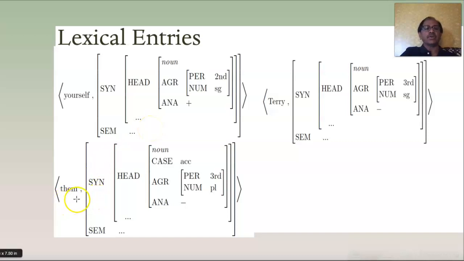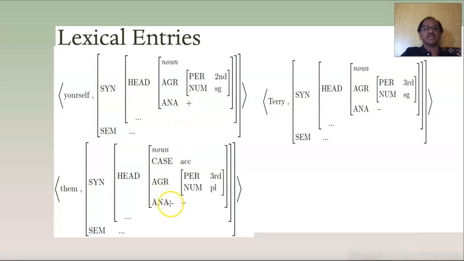Now when you look at a pronoun which is not reflexive, it has syntax head value noun and case accusative. Agreement: person and number, third and plural. Along with this, the anaphoric feature is minus, in contrast with the reflexive yourself.